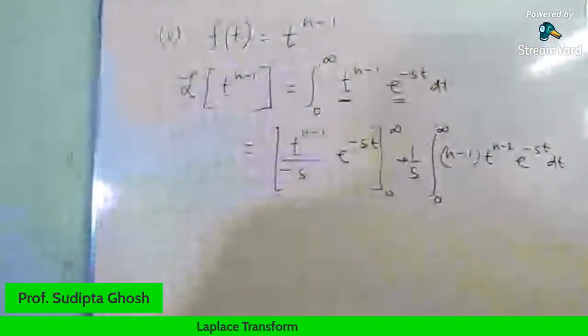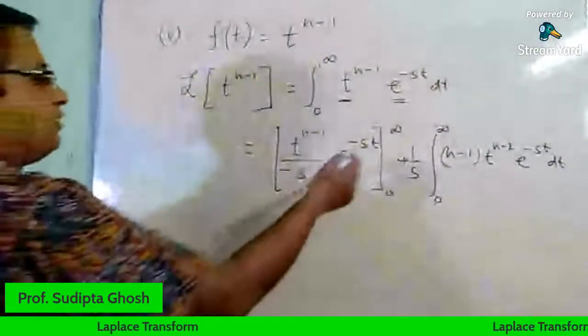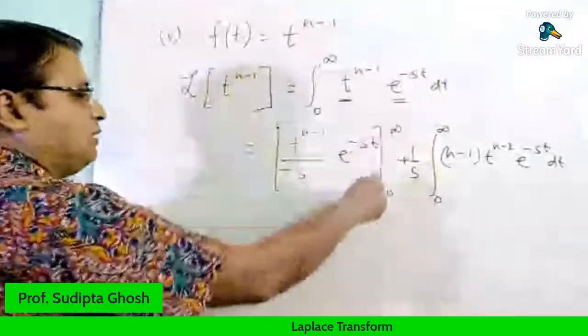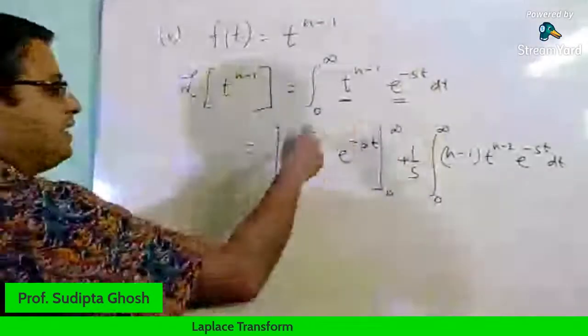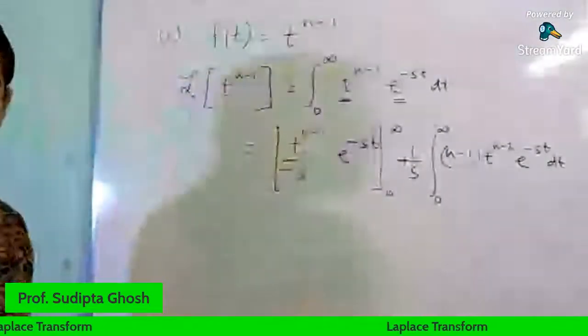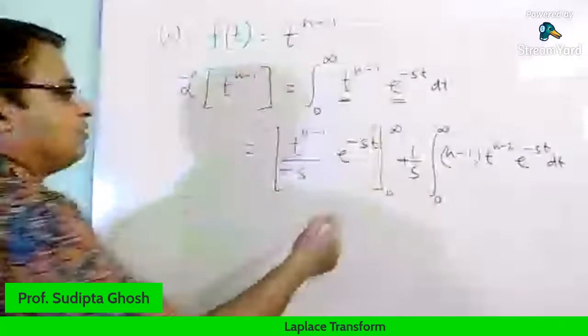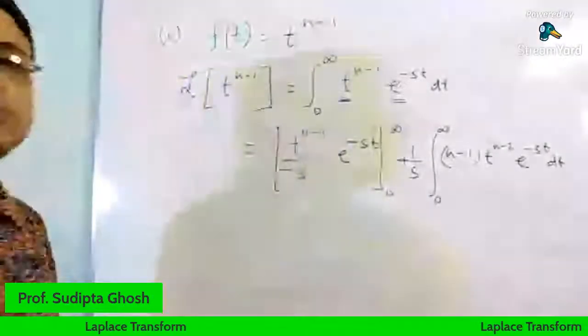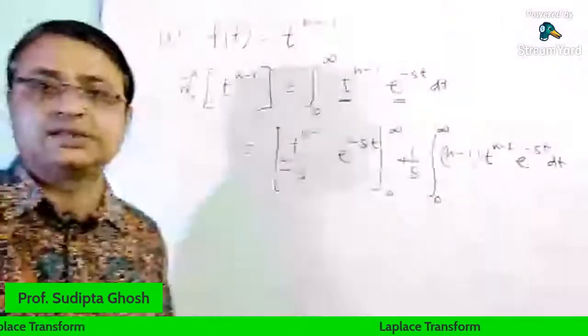Now here, as you can see, whenever I put the upper limit infinity, it becomes e to the power minus infinity, and it becomes 0. And whenever I put the lower limit 0 into t to the power n minus 1, it again gives us 0.